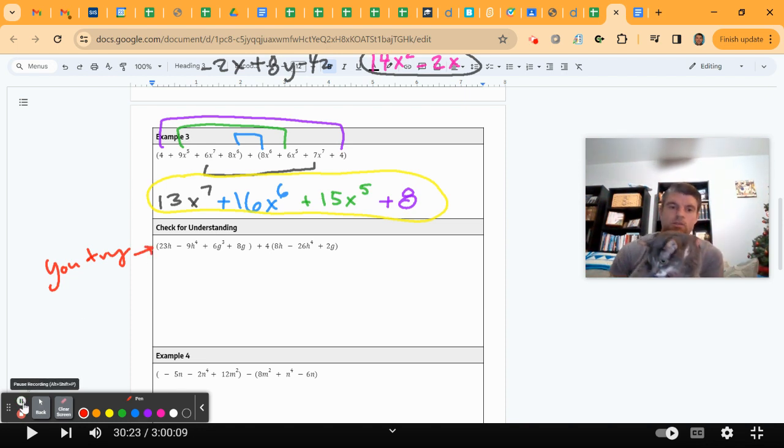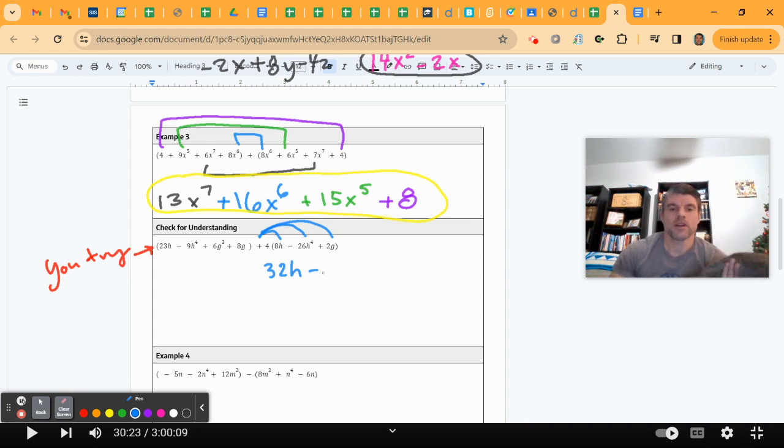All right, so if you take a look at this problem, you actually had to distribute the 4 first, so not sure if you would have caught that. If not, take a look at what it would be. It would be 32h minus 4 times 26, which, 4 times 25 is 100, so you're just going to add 4 more.